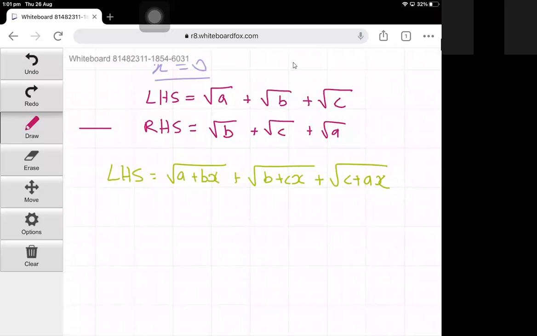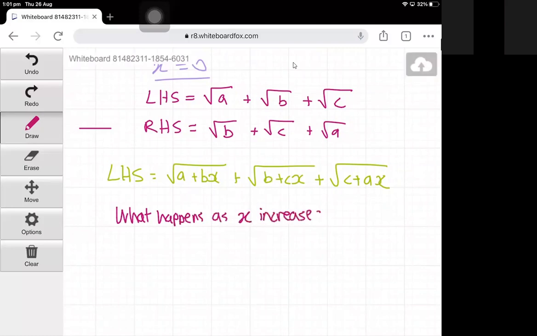So the question is, what happens if we increase x? So what happens when x increases? Remember, a and b are positive.